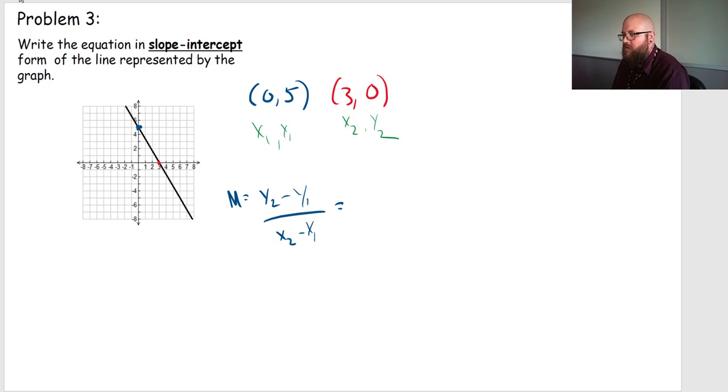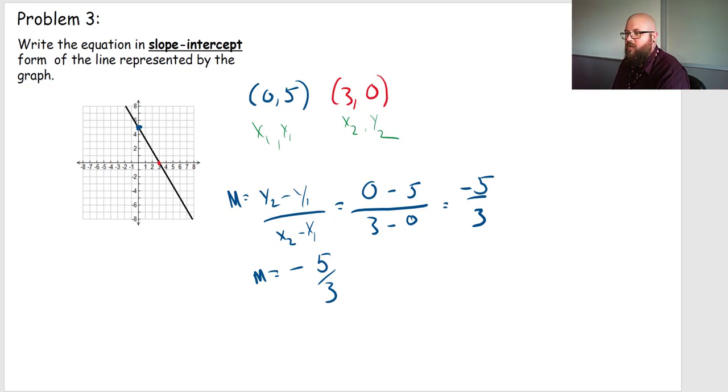So y2 is 0 minus y1, which is 5. Then on the bottom, x2 is 3 minus x1, which is 0. So you should get negative 5 on top divided by 3. So our slope is negative 5 over 3.